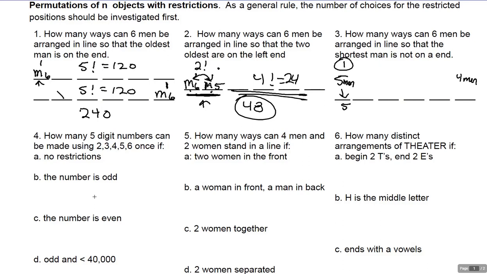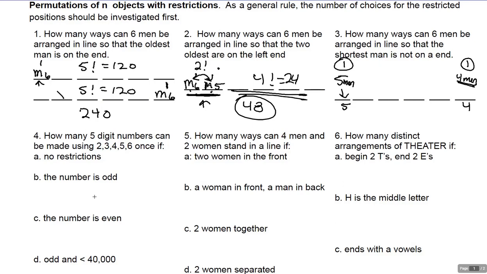Now, the shortest guy is definitely here in the middle. So then, if I've got one guy here and the shortest guy is somewhere in the middle, how many guys are left? 4. Does that make sense? Now, I'm only going to put one guy here, but how many choices do I have? 4, because there's 4 men to choose from. So I've put one of the 5 not shortest men on the front, and then I've taken one of the 4 leftover not shortest men on the back.